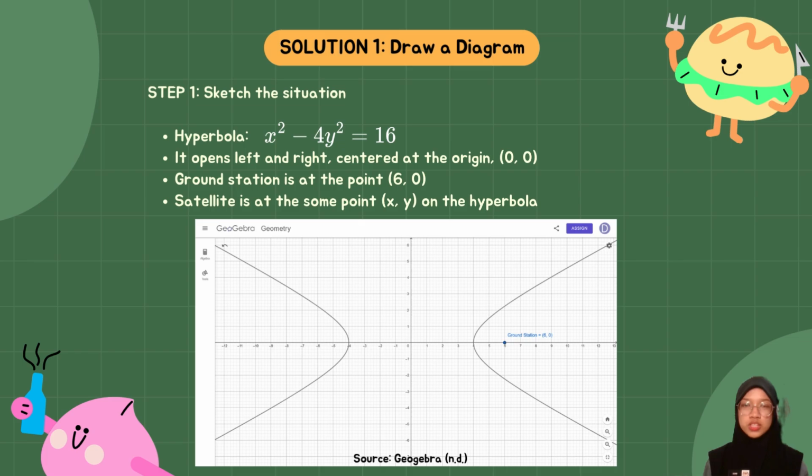So the ground station will be at the point (6, 0), and the satellite is at some unknown point, which we assume as (x, y) on the hyperbola. And there we go. We sketch the situation using GeoGebra, or we could use some other graphing tool to sketch it.